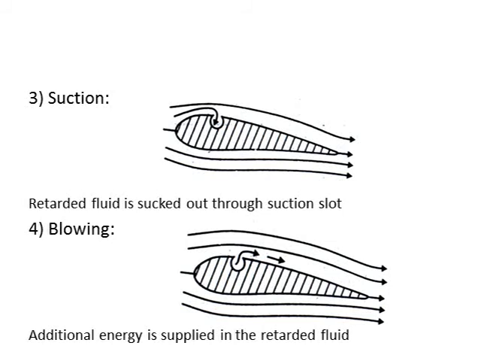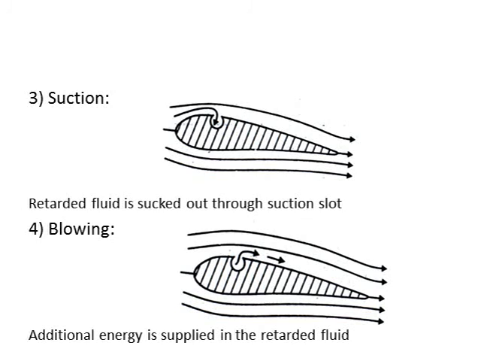Next, by blowing, additional energy is supplied to the retarded fluid. If you give additional energy, you see how the retarded fluid moves and you will get a small wake at the exit.